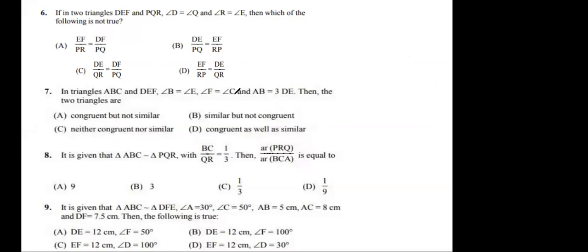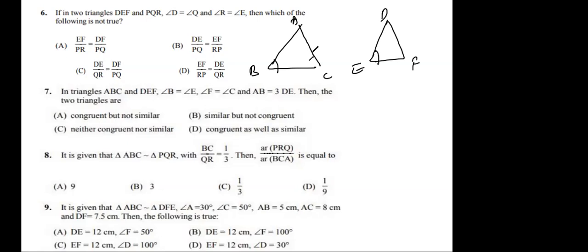It is given that in triangles ABC and DEF, angle B is equal to angle E, and angle F is equal to angle C. So all the angles are equal, and by these we can simply say that this triangle is similar to this one.